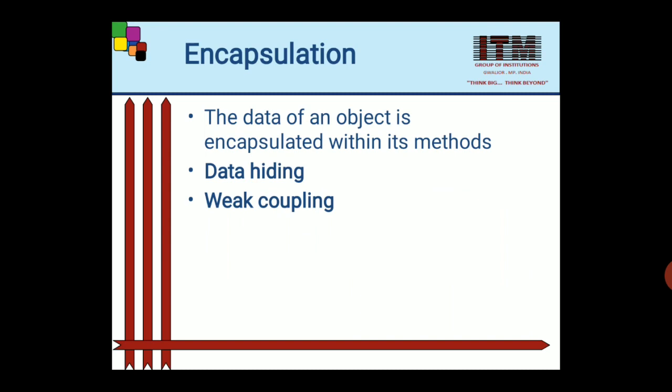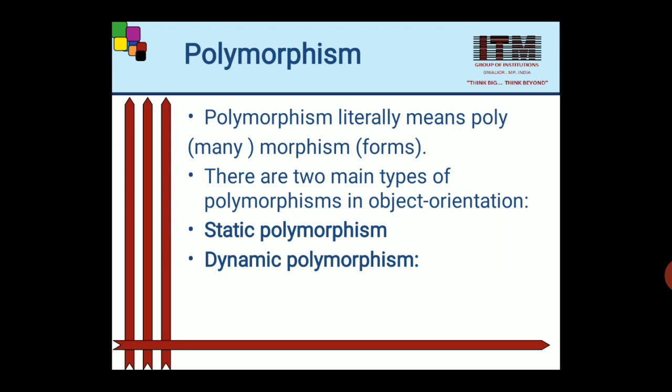Next one is polymorphism. Polymorphism literally means poly and morphism.